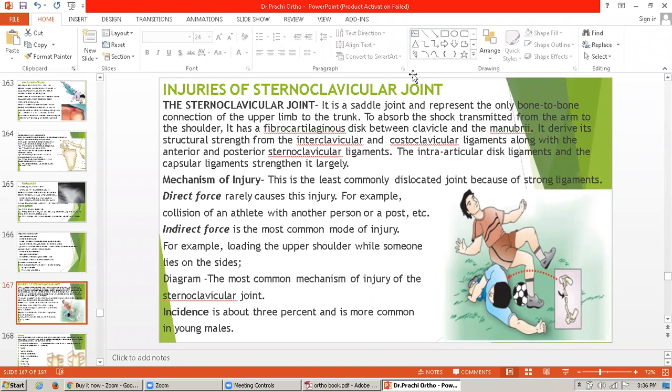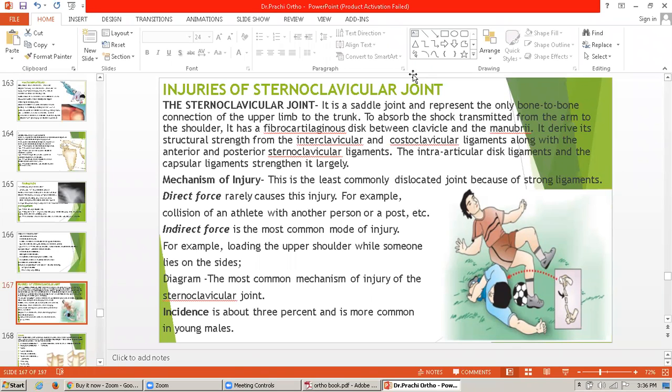It derives its structural strength from the interclavicular ligament. The intra-articular disc ligament and the capsular ligament strengthen it largely. It is the least commonly dislocated joint because of the strong ligaments.